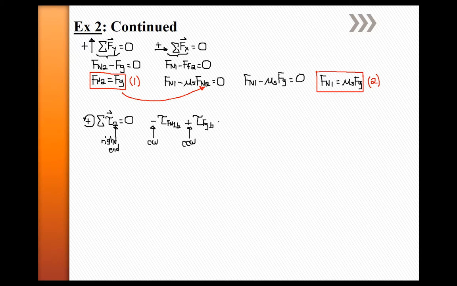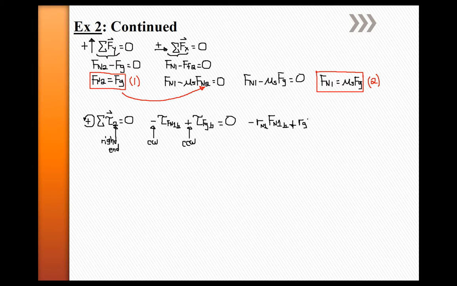All right, so let's expand now. This is equal to 0. Let's label these now. We're going to call this Rn1, the lever arm from the pivot point to the location of the normal force 1, times Fn1 perpendicular, plus negative here, we'll call it the lever arm from the pivot point to the location of the force of gravity.